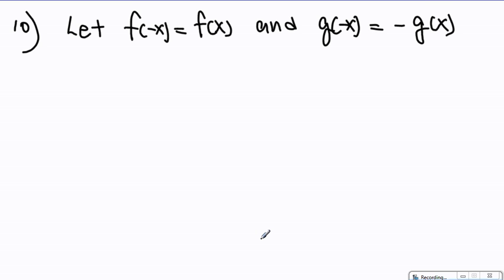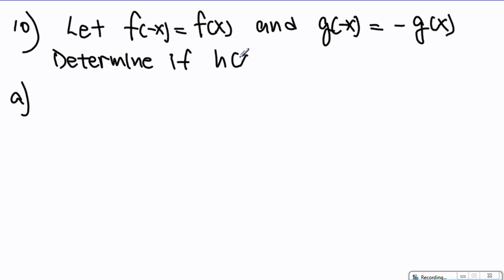Now first, what I'd like to ask you to do is this, A. Can you determine if h of x, which I'm going to explain what those are, is an even function or an odd function? Okay?